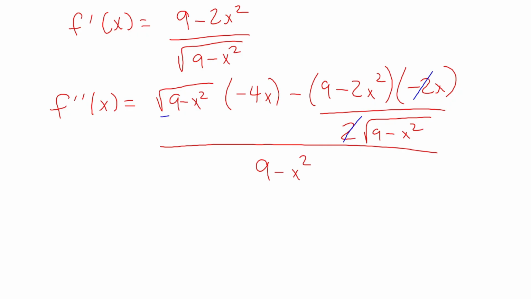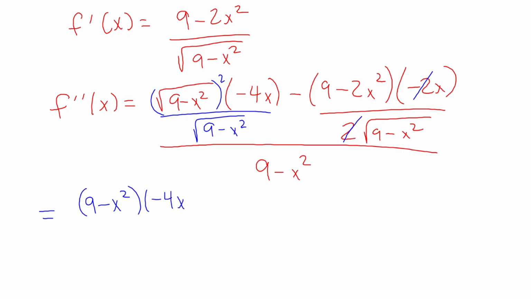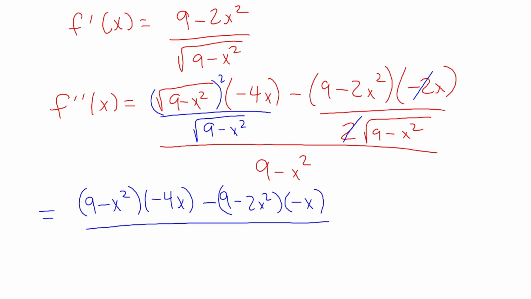Then we want a common denominator of root 9 minus x squared, which is the same as squaring that root 9 minus x squared in the numerator, which is going to end up giving us 9 minus x squared times negative 4x minus 9 minus 2x squared times negative x over 9 minus x squared to the 3/2 power, or 9 minus x squared times root 9 minus x squared, however you prefer to look at it.